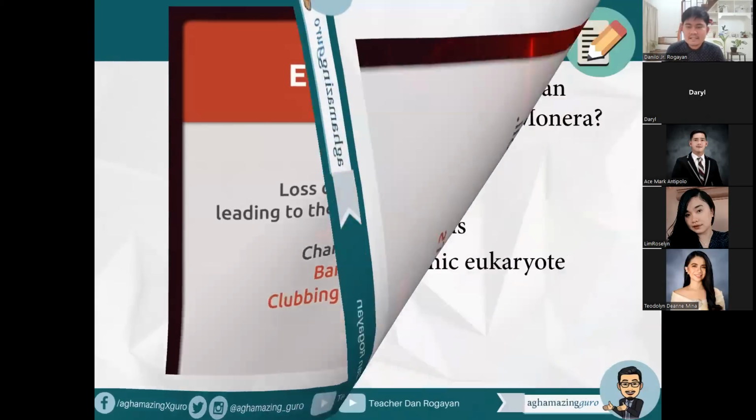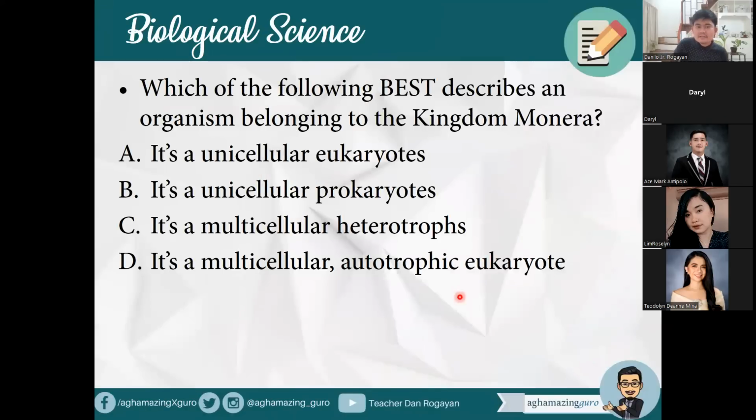Okay, so next, which of the following best describes an organism belonging to the kingdom Monera? A, it's a unicellular eukaryote. B, it's a unicellular prokaryote. C, it's a multicellular heterotroph. D, it's a multicellular autotrophic eukaryote.